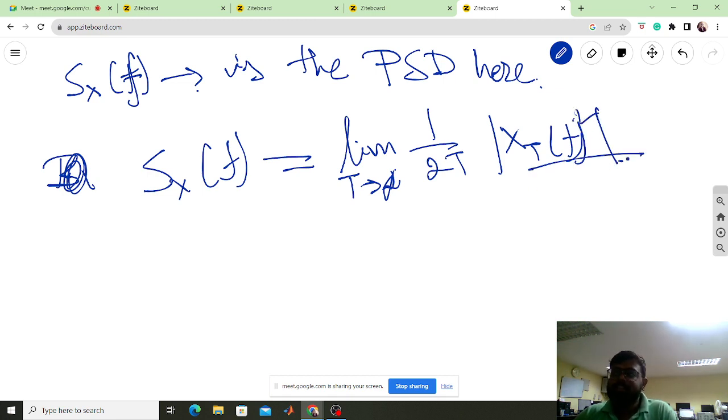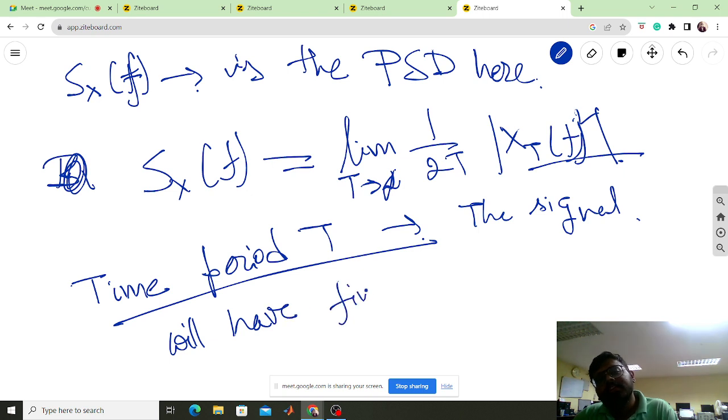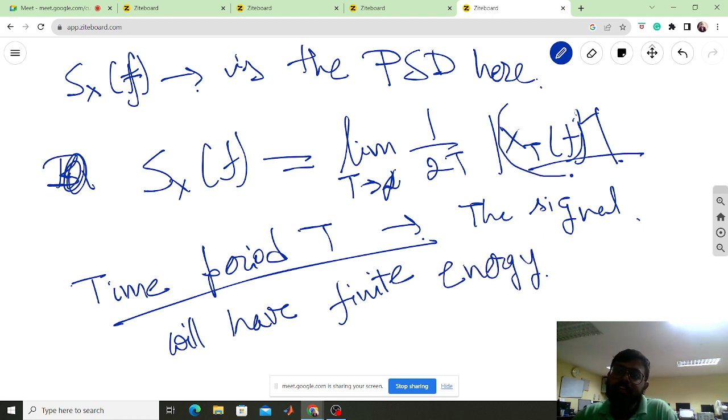So what is X_T(f)? X_T(f) is like, over the time period T, the signal will have a finite energy. So over that we can do the Fourier transform here.